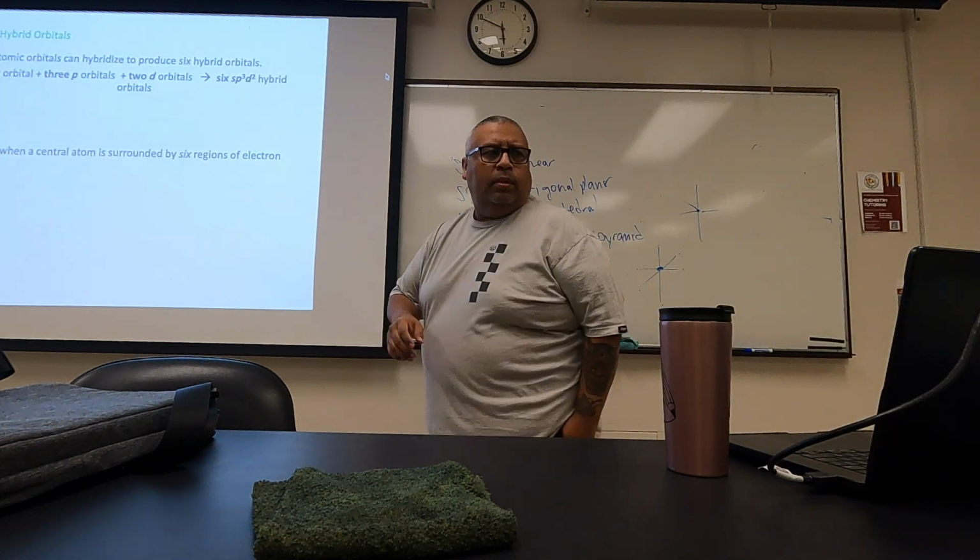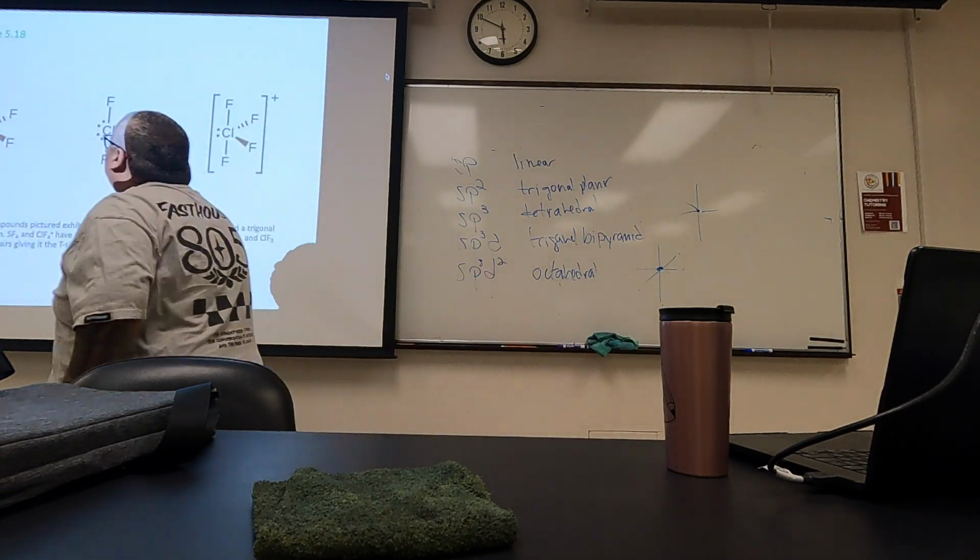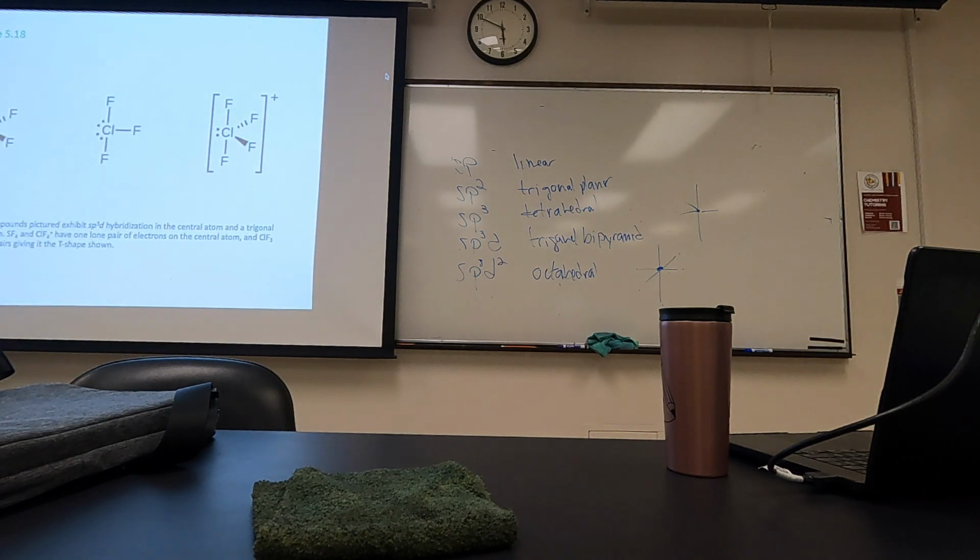Right? Oh, it's not the right one. sp3d. Right, the electron geometry here is not the molecular geometry, but the electron geometry here is trigonal bipyramidal, where we see that here, and these electrons are taking the place of one of those structures. So 1, 2, 3, 4, 5 hybridized orbitals. The same thing here.